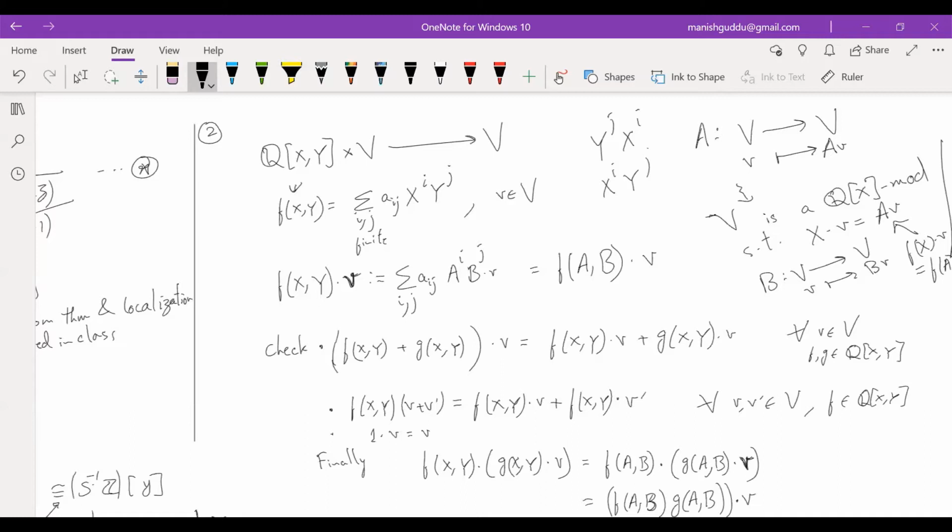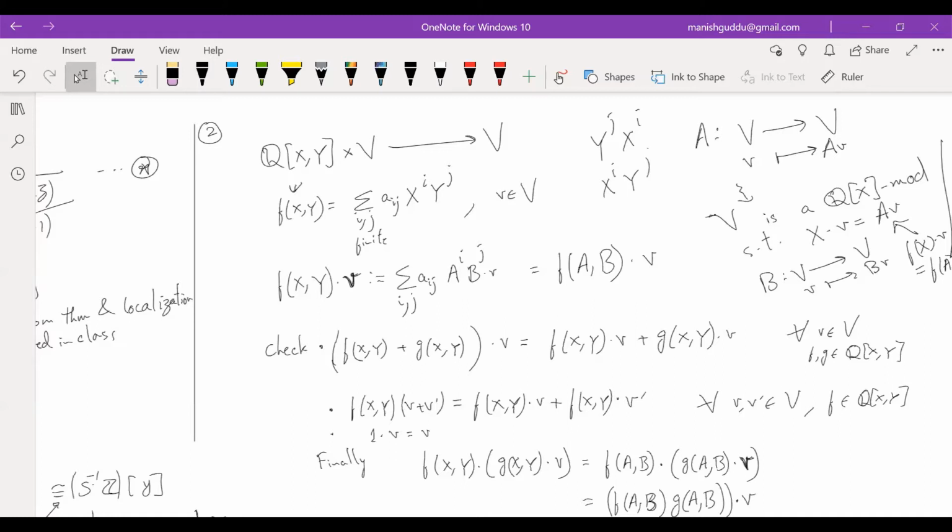Any polynomial you can uniquely write this way: a_ij x power i y power j. Or, if you want to be very pedantic, you can say that it's a polynomial in y with coefficients in Q[x], and then you are writing it this way. Okay, so you can always define this thing.